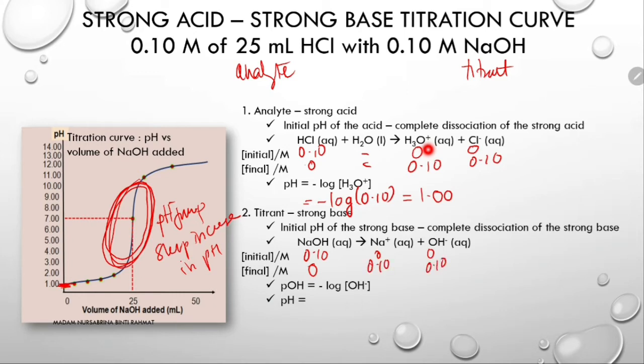This is a base, so you first need to calculate the pOH, which is negative log of the concentration of hydroxide ion, and you will get 1. So pH is simply 14 minus pOH. 14 minus 1, so you will get 13. As you can see, this titration curve does not cross pH 13, because pH 13 is the maximum pH of your NaOH.